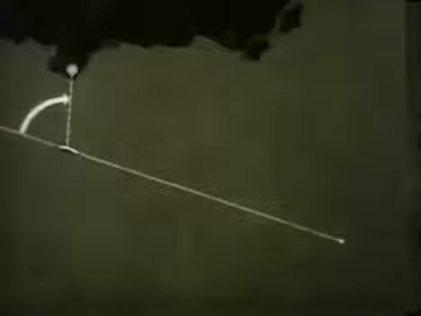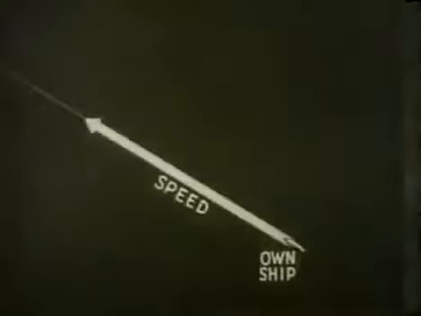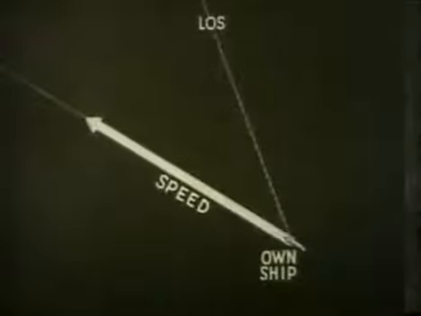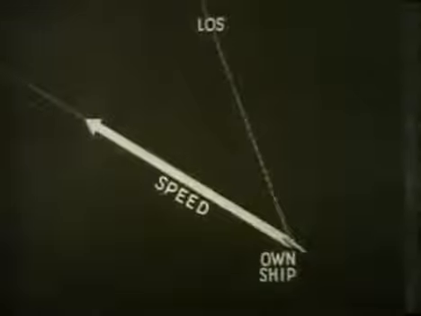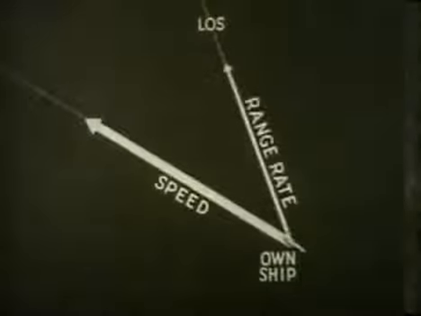This is a vector problem in which we know own ship's course and speed, shown here by the length and direction of its speed vector. We also know the line of sight to the target. The rate of change in range, or range rate, is the component along the line of sight.